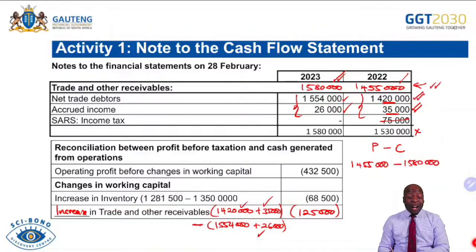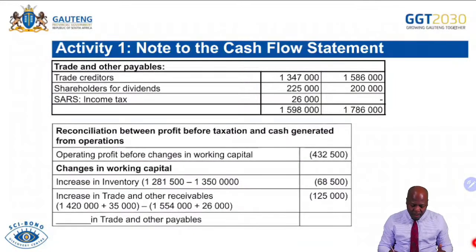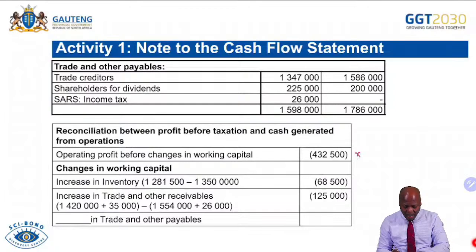All right, so far we have done two parts. We have done the inventory, we have done the trade and other receivables. What is the third part missing now? Yes, it is your trade and other payables. All right, so remember, we are trying to calculate to come to this figure here. You're going to see how we come to that figure.